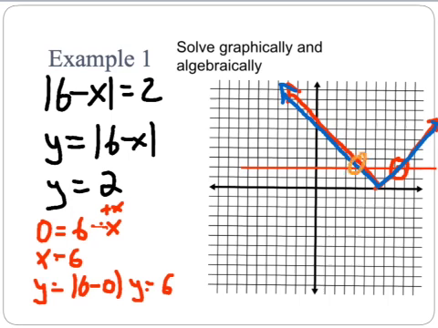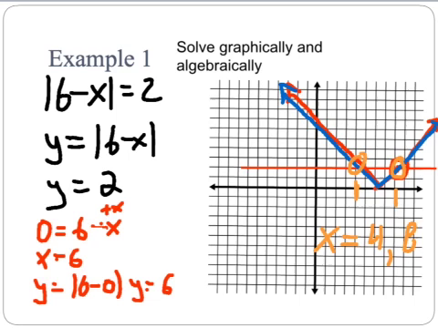So there and there are my 2 points. So the solution, the 2 possible x values, okay, are 4 and 8. Okay, because those are the 2 x values on which our 2 graphs intersected.